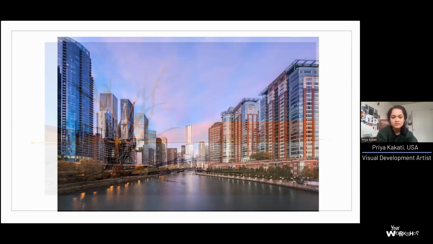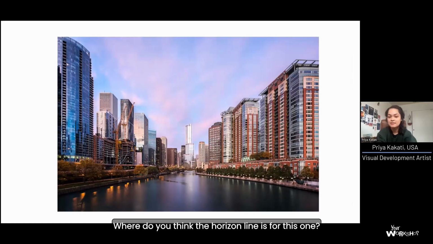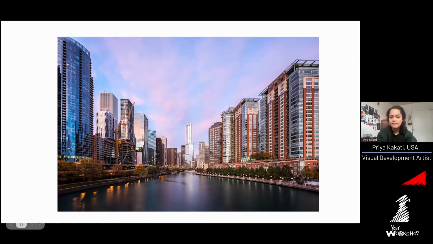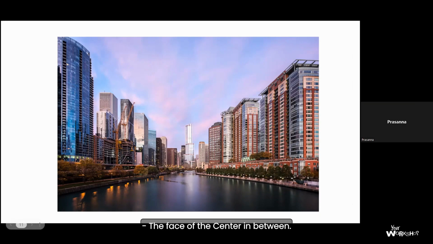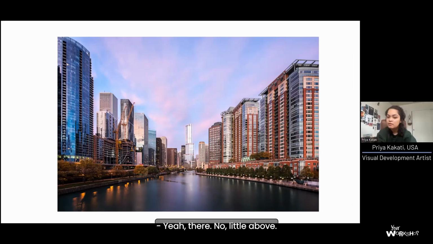Here's another one. Where do you think the horizon line is for this one? It's a little difficult because there's so much going on, but the base of the central building. It's that center building from top to third one, that third line. Over here? Yeah, a little above.